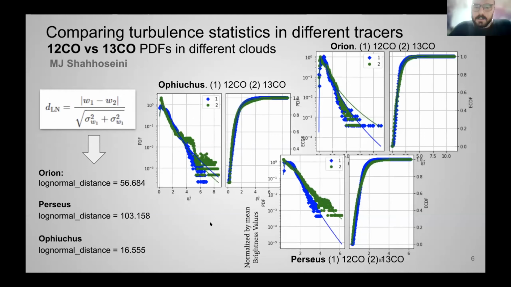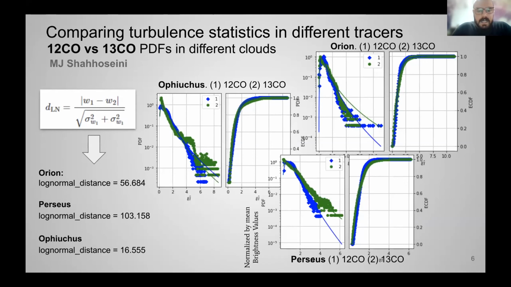Thank you very much. So now we are focusing on the investigation of the shape of the probability distribution function, comparing two different tracers, 12CO and 13CO, in the three different clouds, Ophiuchus, Orion, and Perseus.